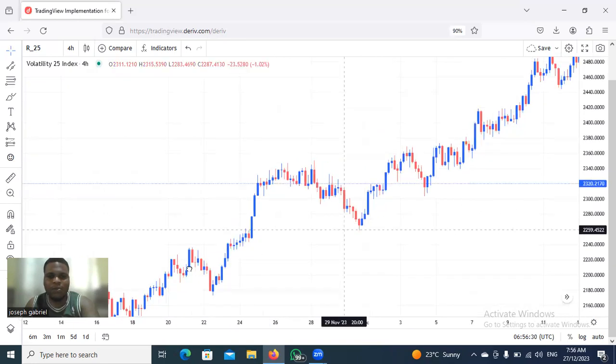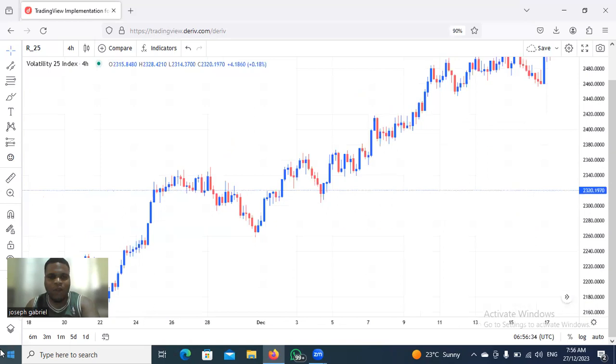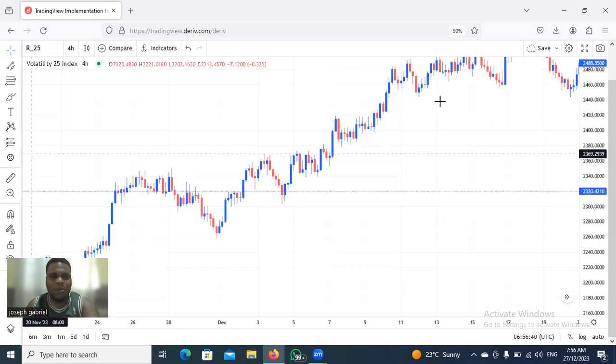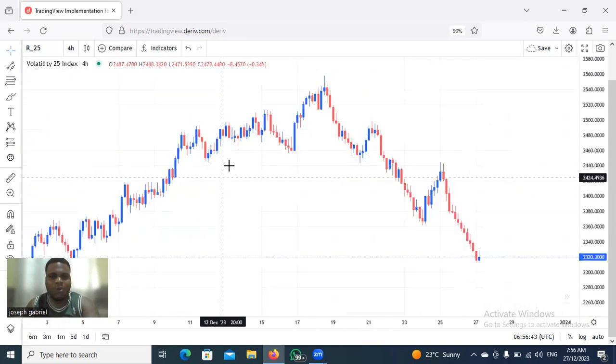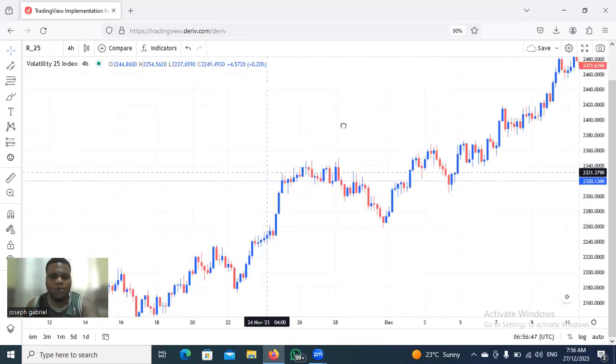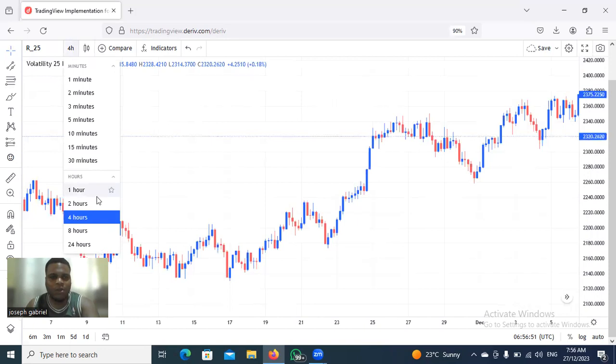What I'm seeing here is actually a bullish structure. You can see bullish market structure around this area. This is a bullish market, so I'm looking for a good support zone.